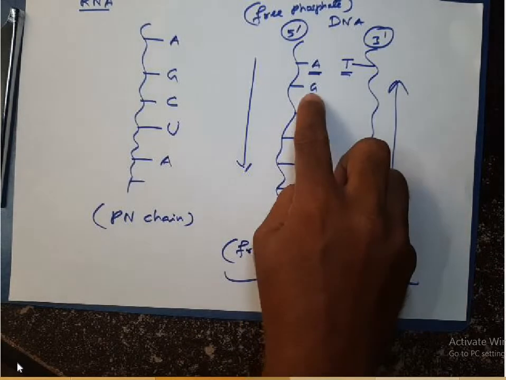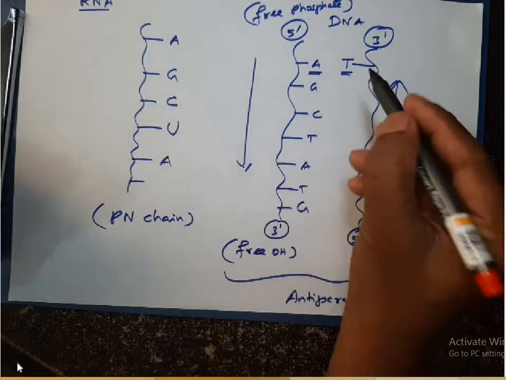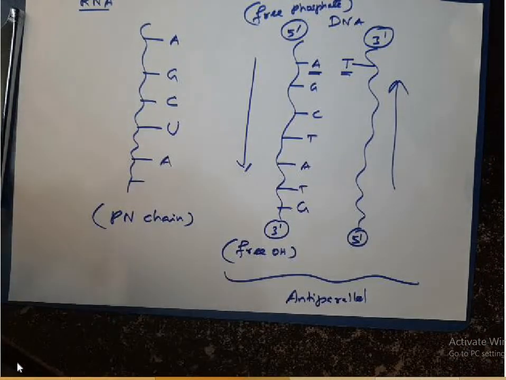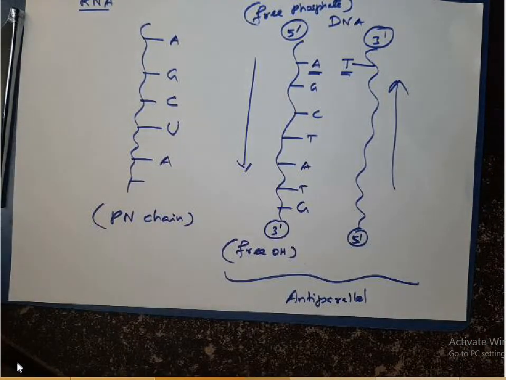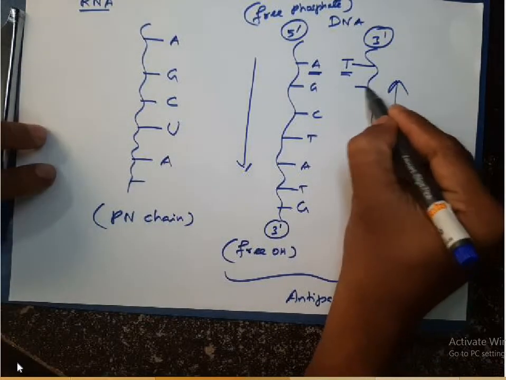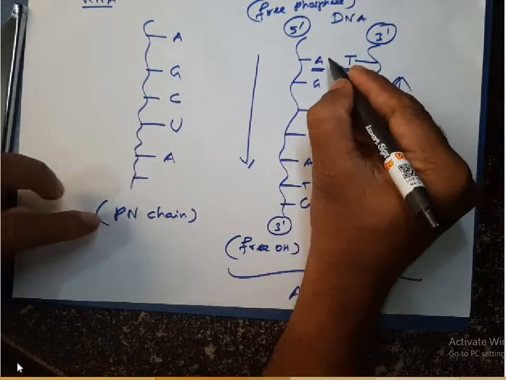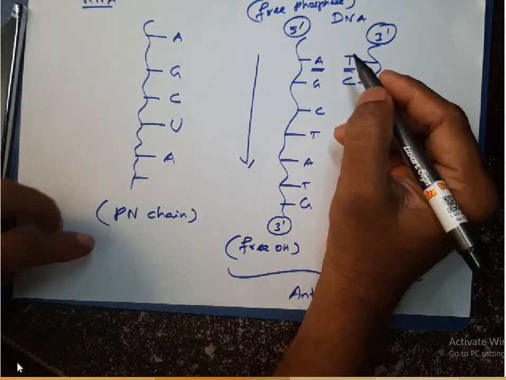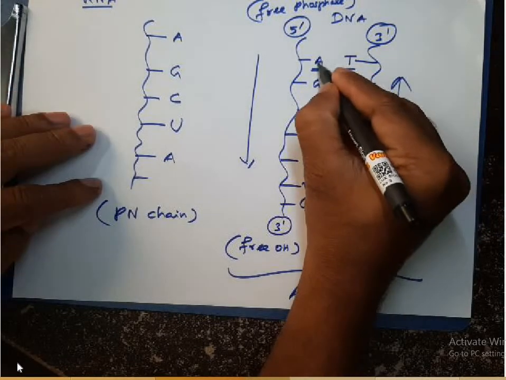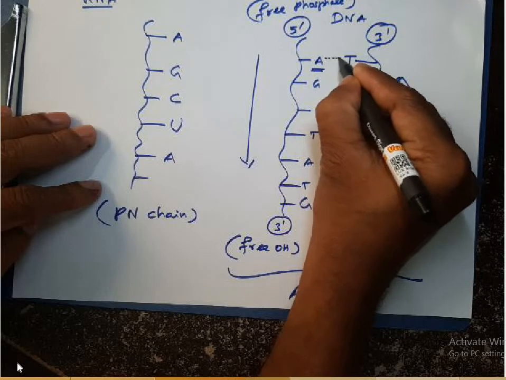Similarly, guanine of one polynucleotide chain will form a hydrogen bond with the cytosine of another polynucleotide chain. What type of hydrogen bonding? It is actually intermolecular hydrogen bonding, no doubt in that. Between A and T, we always have two hydrogen bonds.